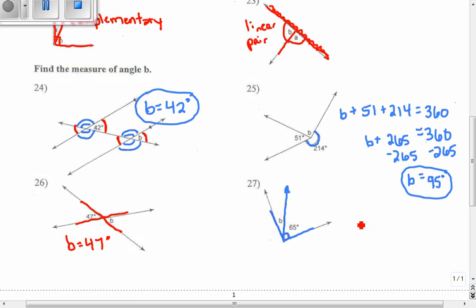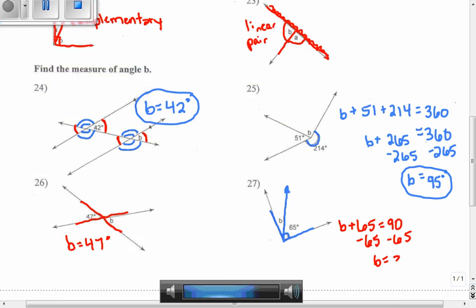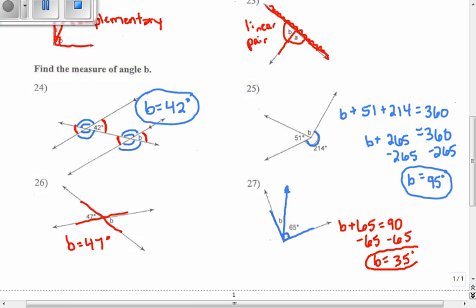Very good. So we add them up to 90 degrees. So when we solve, we find out that B is how many degrees? 35. Okay, let's fix that.